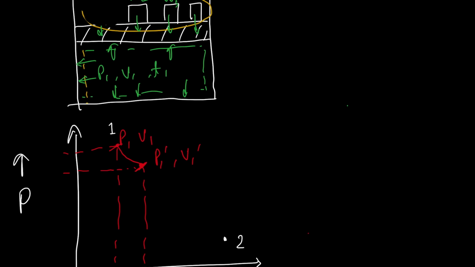Now I remove weight W2. It goes from this point to this point. I remove W3 as well, it goes from this point to this point. Remove W4. And I keep on going till I remove all the weights and reach the final state, which was point 2, P2, V2.